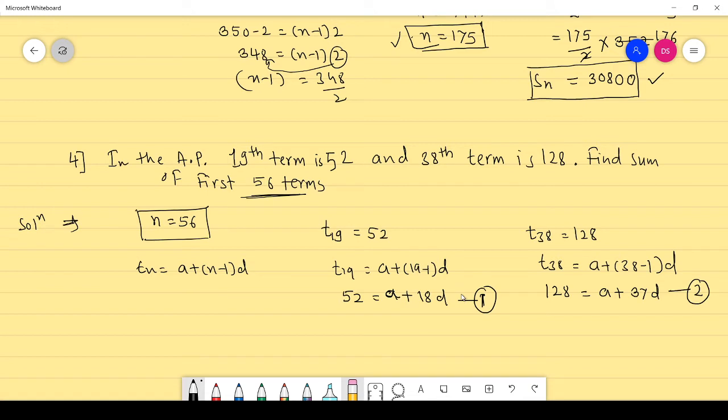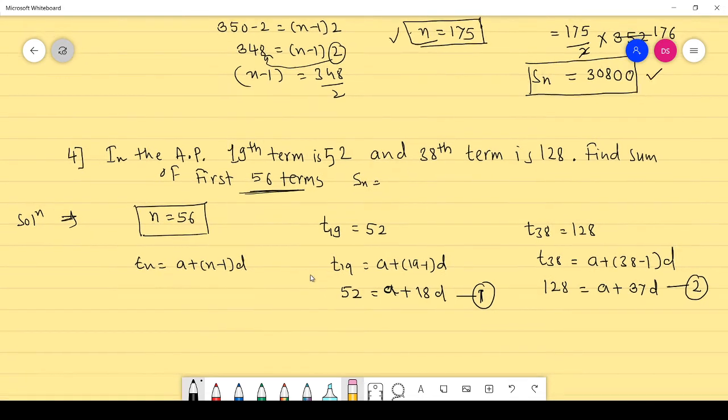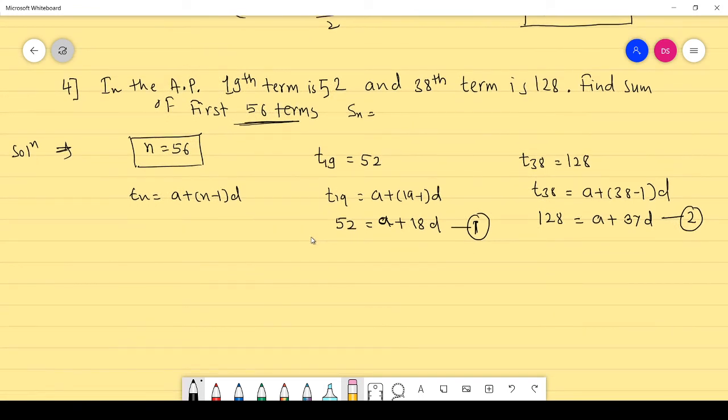I am doing this because I want you to know the values of a and d. Then I can use the formula of Sn. So from equations 1 and 2, subtract equation 1 from equation 2. I'm writing equation 2 over here: a plus 37d is equal to 128.